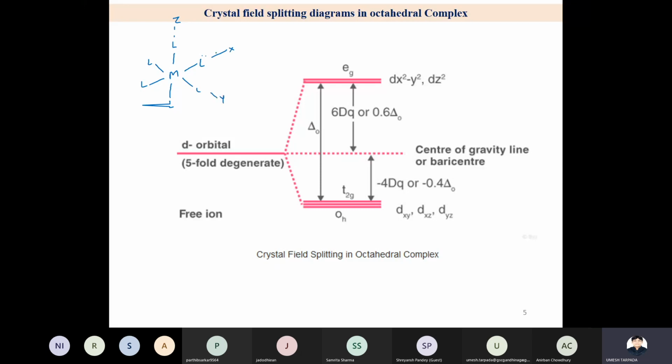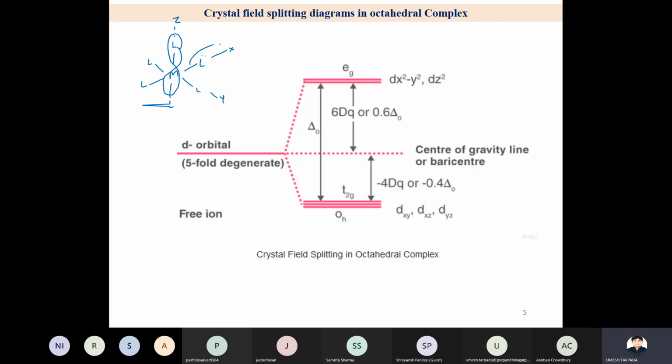So here the ligand and the dz square orbital are over here. This is your dz square. The lobes of the dz square orbital and the electrons of the ligands are both along the axis, and therefore there will be more repulsion.